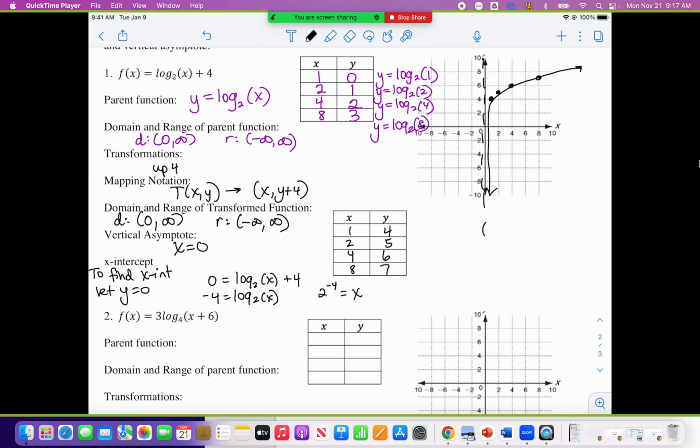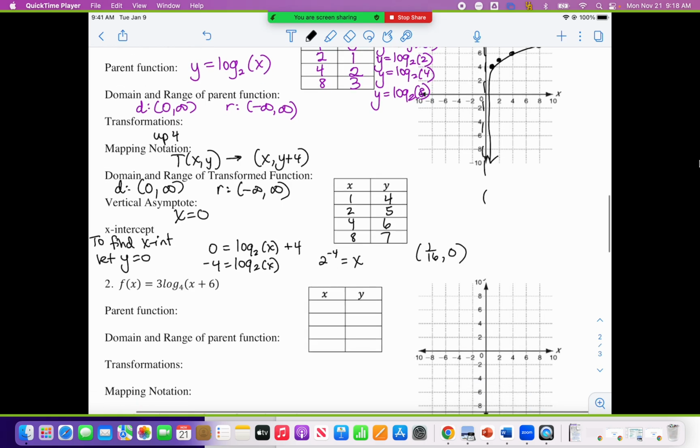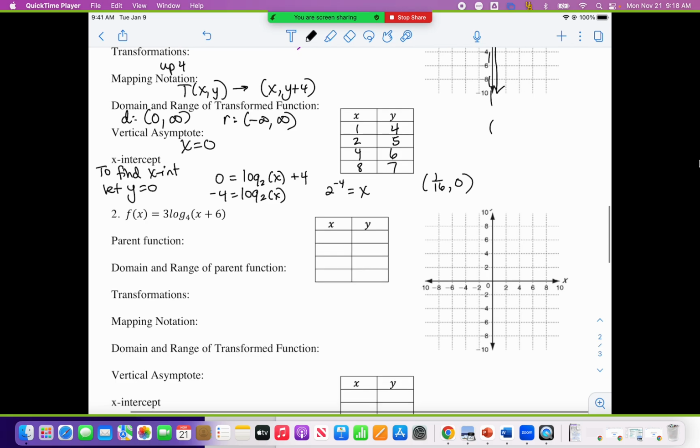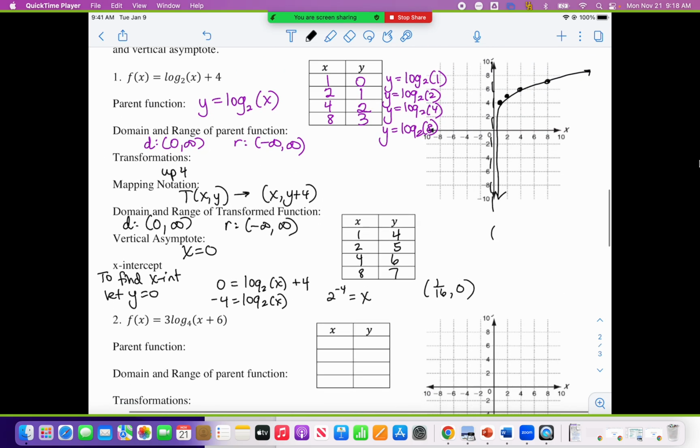What's 2 to the negative 4th power? 1/16. So my x-intercept is (1/16, 0). So you can always find the x-intercept by letting y equal 0. Oh, then do you see why we solved equations? That makes sense. All right. So make sure you always sketch the vertical asymptote.